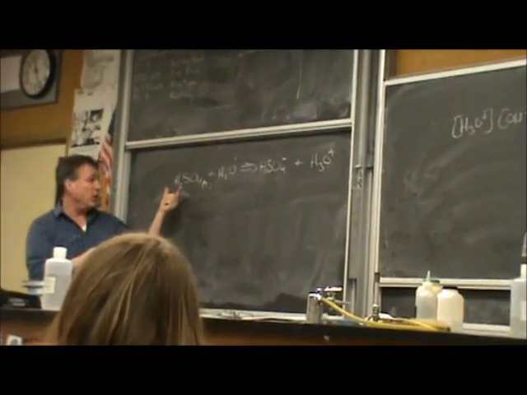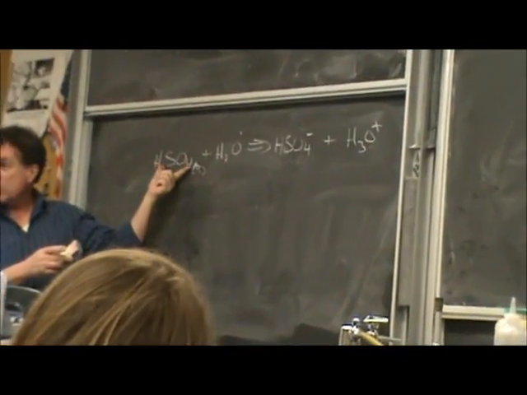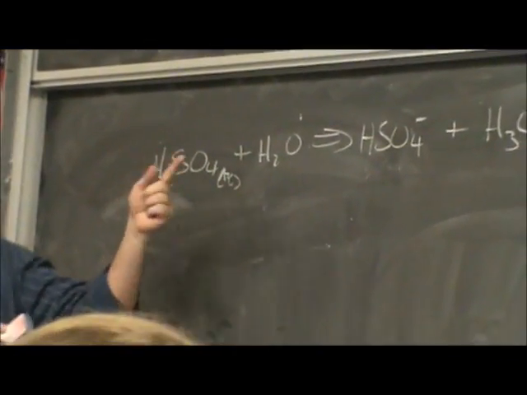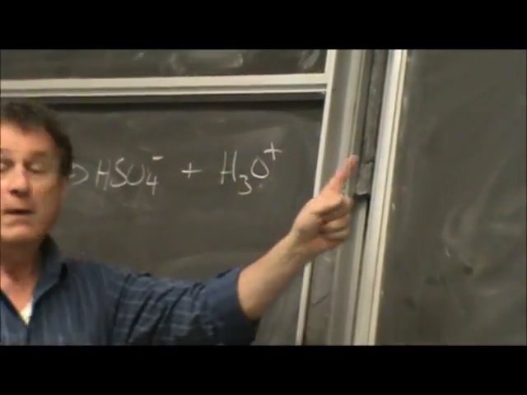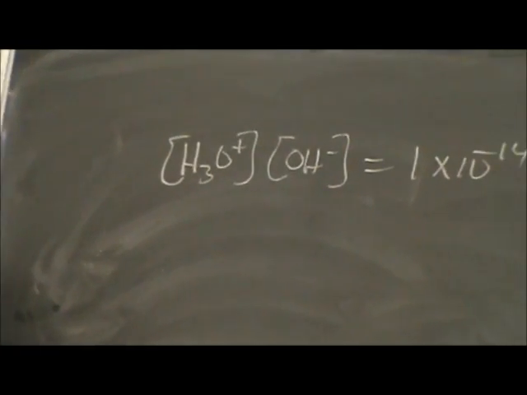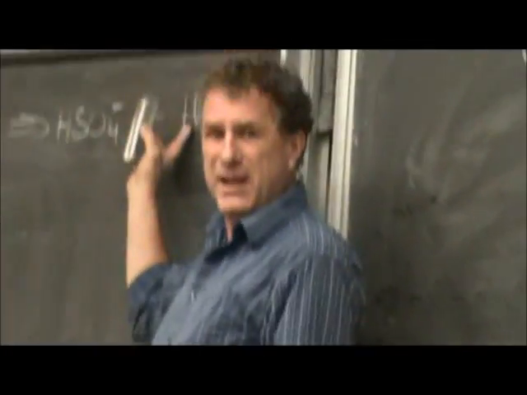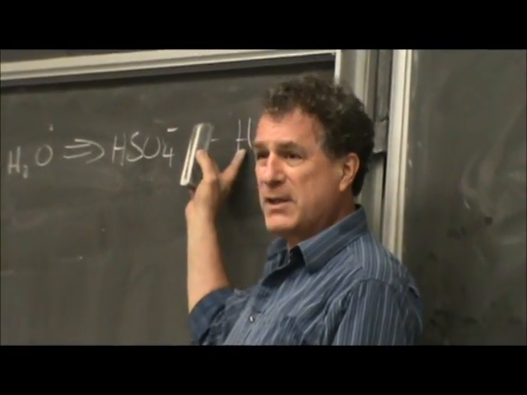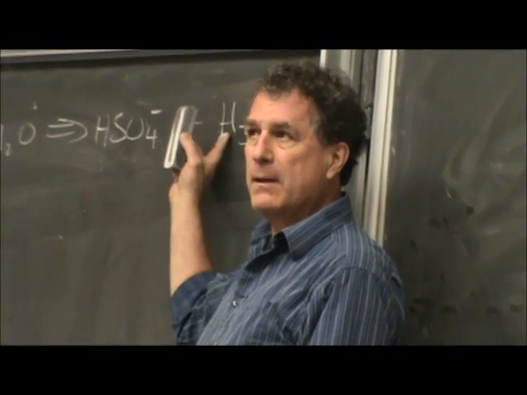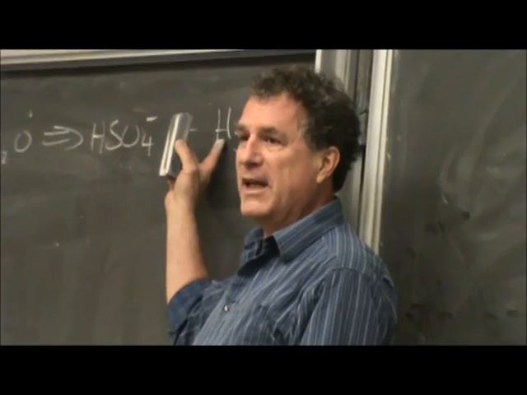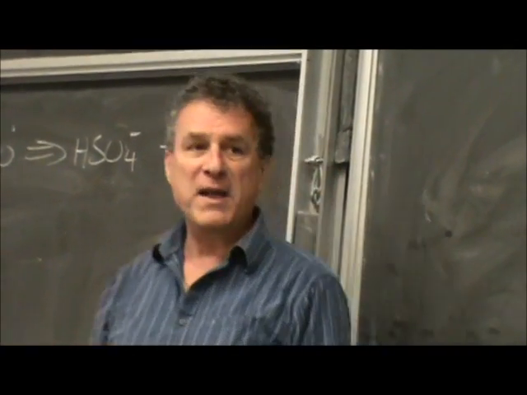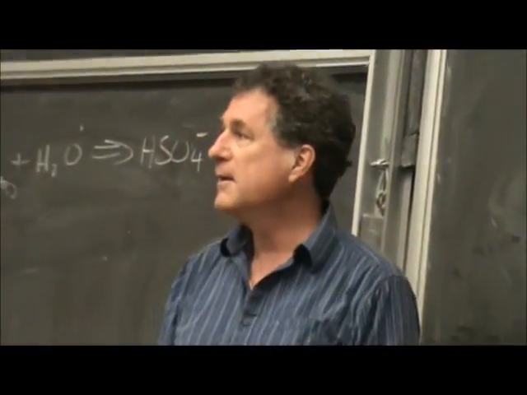Those are ones that are listed on your table. No mystery as to why when we add this to water, we end up with more of these. Take the log, it becomes less negative, the pH becomes less positive, smaller, right?